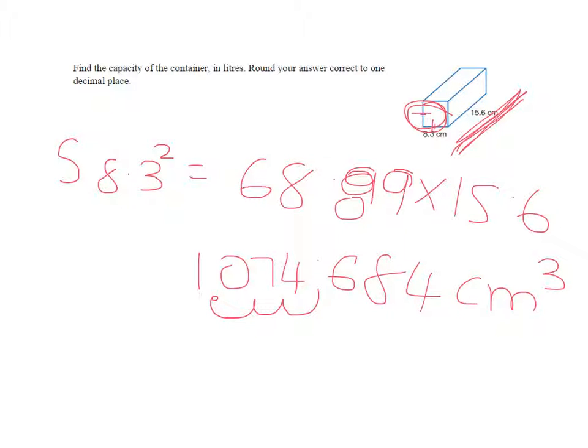So the answer would be 1.074, but they want the answer correct to 1 decimal place. So that's the decimal place. He looks next door. The 7 is big enough to change him. So your answer is 1.1 liters. And you can put a capital L for that.